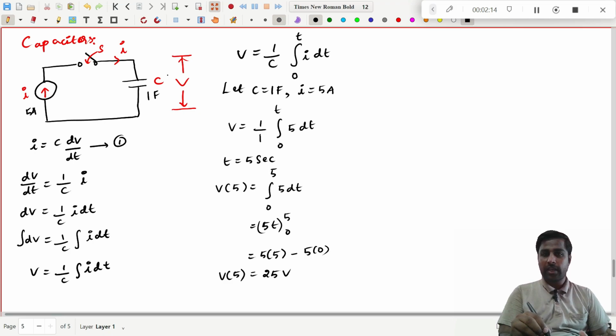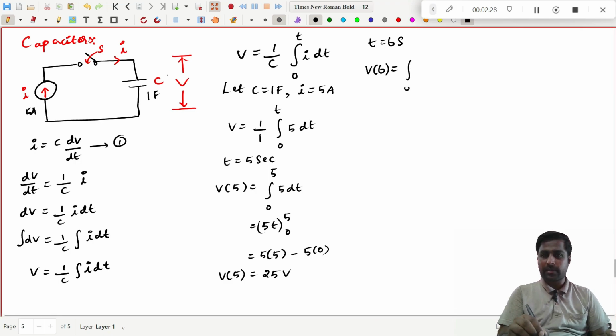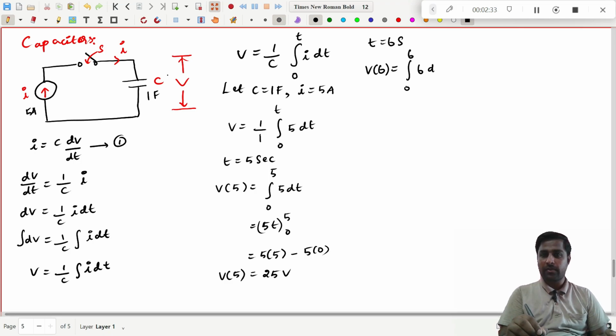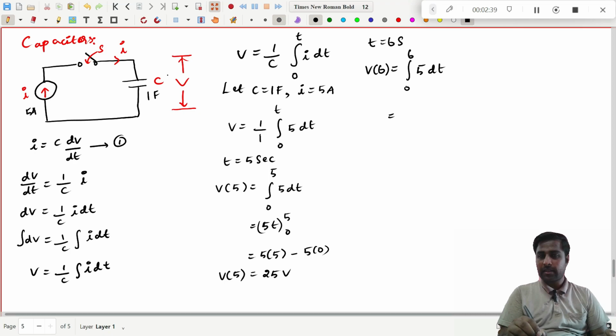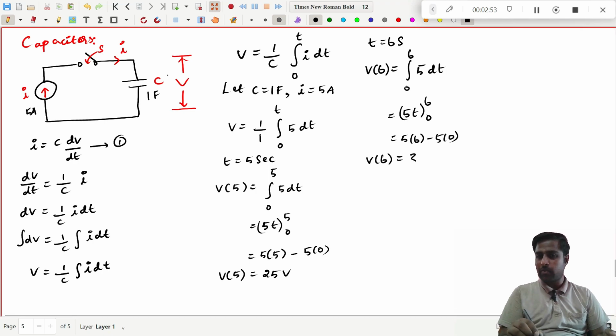And if you find for t is equal to 6 seconds, what you will get? You substitute in this expression, so you will get V of 6 will be equal to 1 by 1 you just leave, so integration 0 to 6, current will be 5 into dt, and if you find this, you will get 5t, 0 to 6, and that is nothing but 5 into 6 minus 5 into 0, and you will get V of 6 equal to 30 volt.